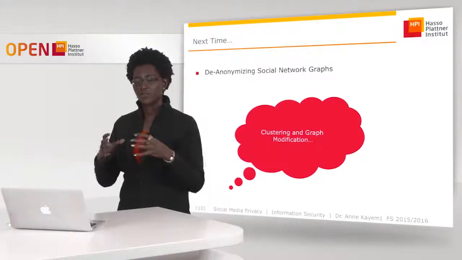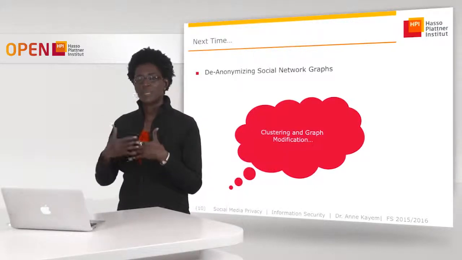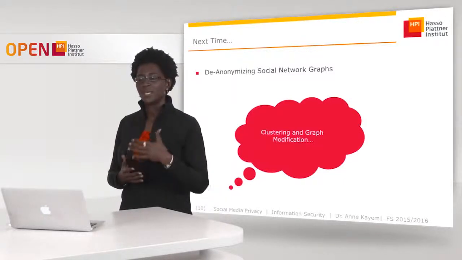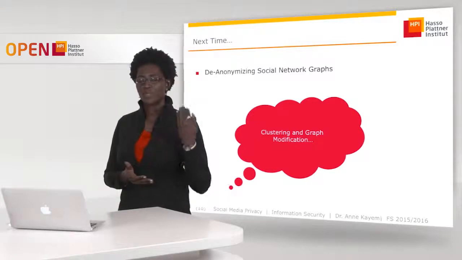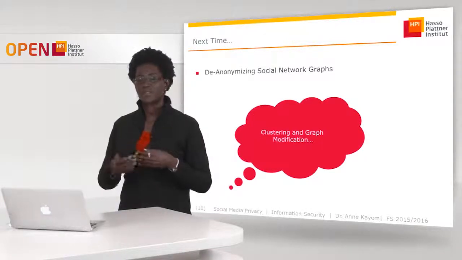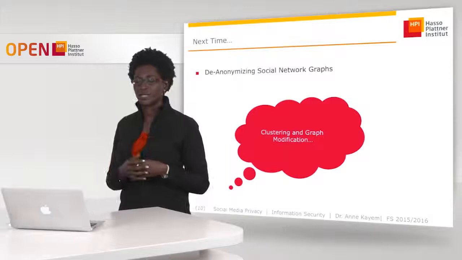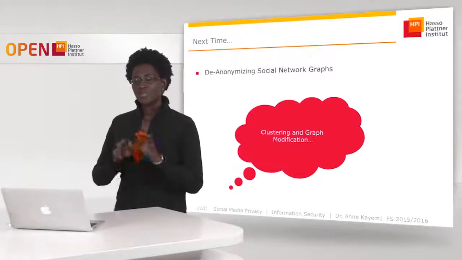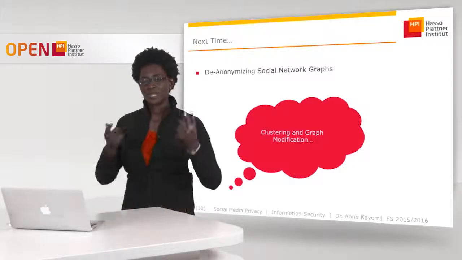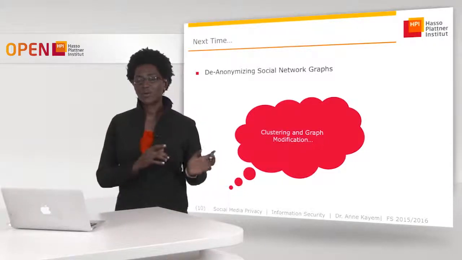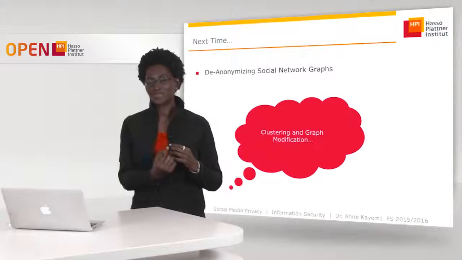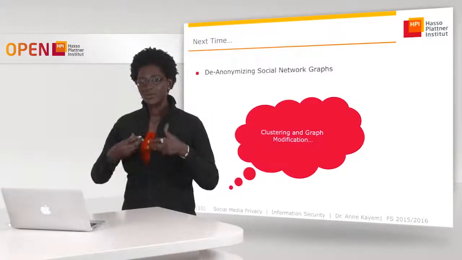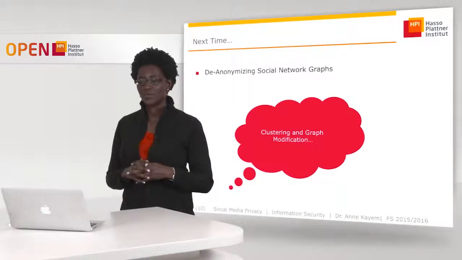from de-anonymization attacks that appear in the form, for example, of malware, in the form of scam, in the form, for example, of people phishing for information that they're going to want to use, for example, for identity theft. In the next point, when I talk about de-anonymization, what I want to show you is how, in spite of those tricks that you develop, people or adversaries find ways to de-anonymize the social network graph.